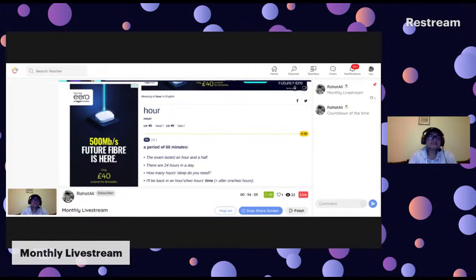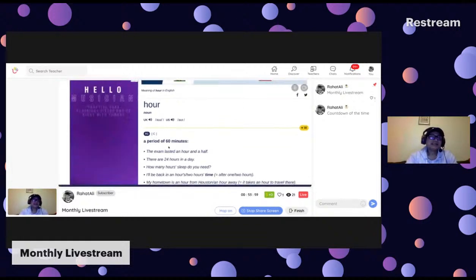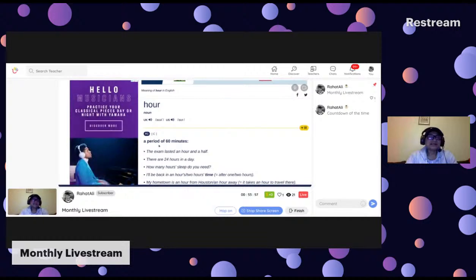You can see from this example, period, there is an R, and this R is in between E and I. Let me elaborate a little bit more so that you can understand.